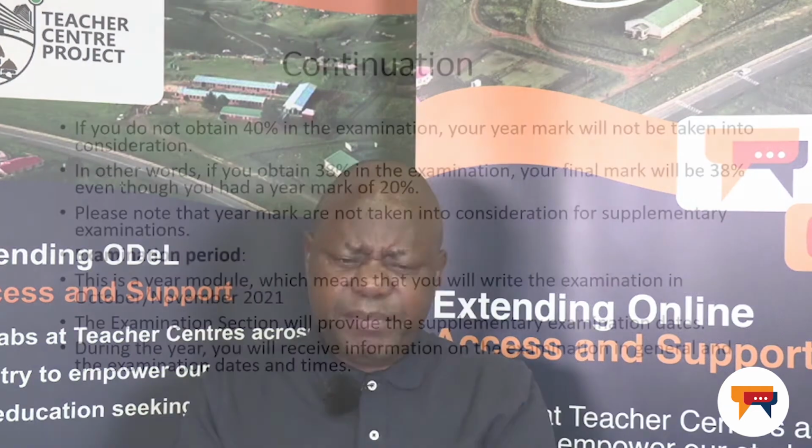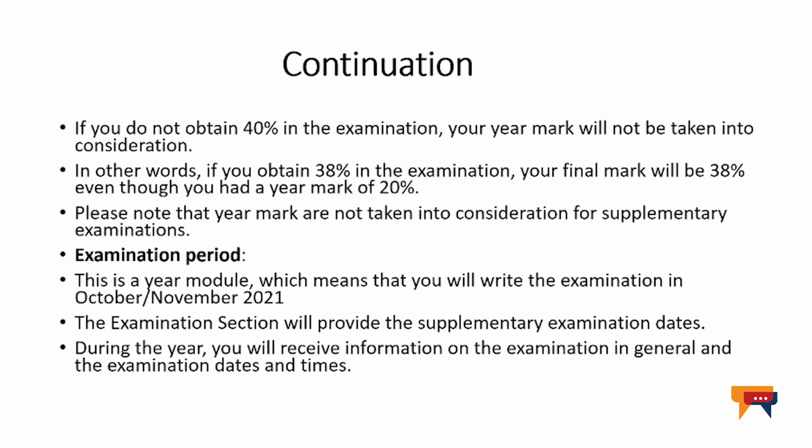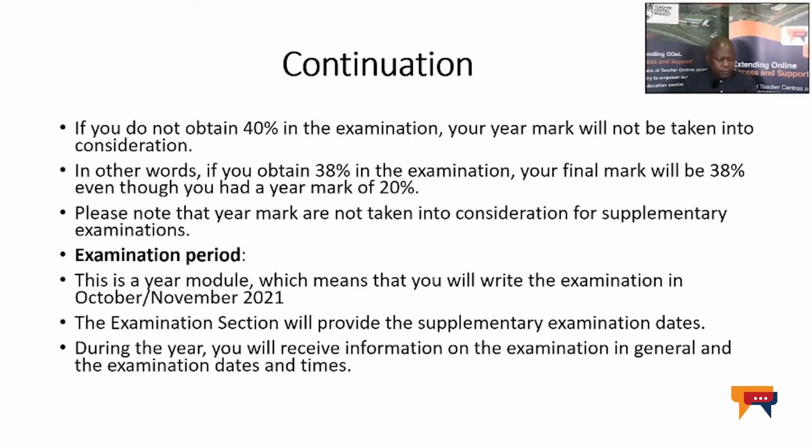In other words, if you obtain 38% in the examination, your final mark will be 38%, even though you had a year mark of 20%. Please note that year mark is not taken into consideration for supplementary examination.